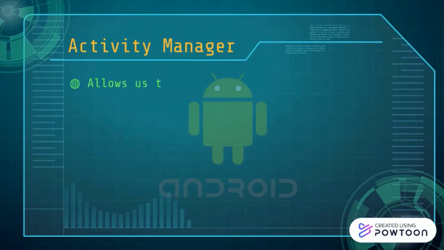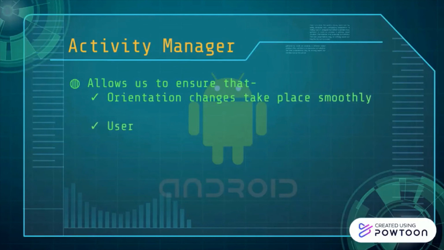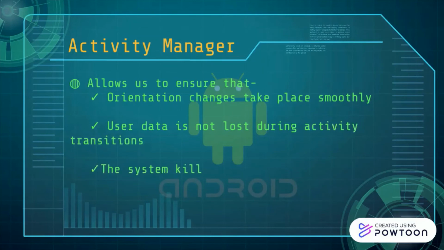Skillfully managing activities allows us to ensure that, for example, orientation changes take place smoothly without disrupting the user experience, user data is not lost during activity transitions, and the system kills processes when it's appropriate to do so.